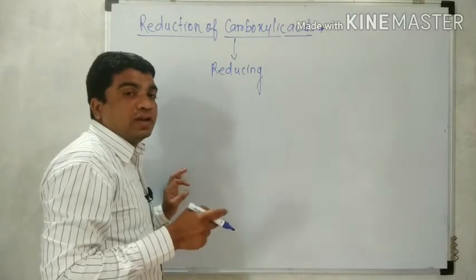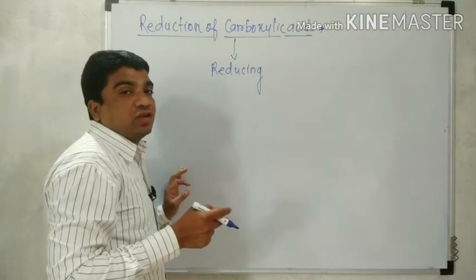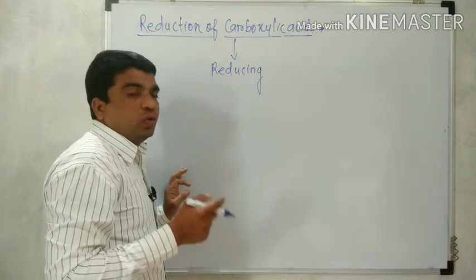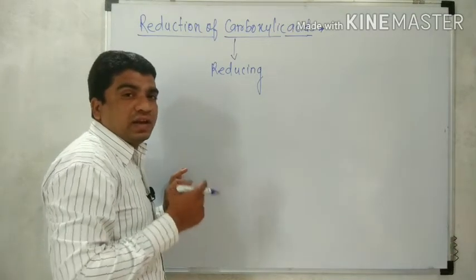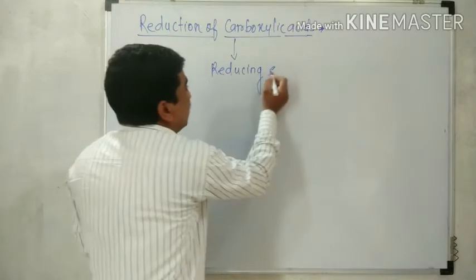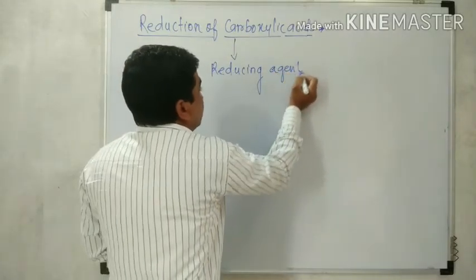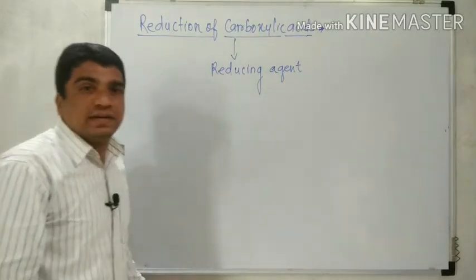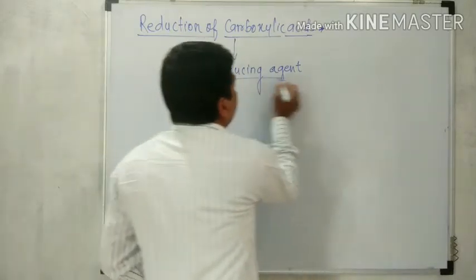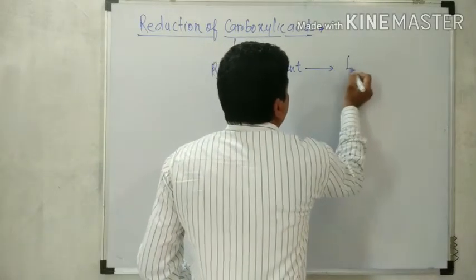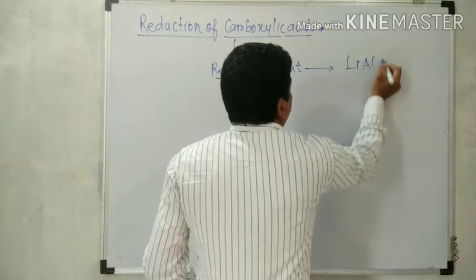The addition of hydrogen atoms takes place in the structure of carboxylic acid. But we know that for each and every reduction reaction we require a reducing agent. So carboxylic acid is reduced using a reducing agent, either LiAlH4.